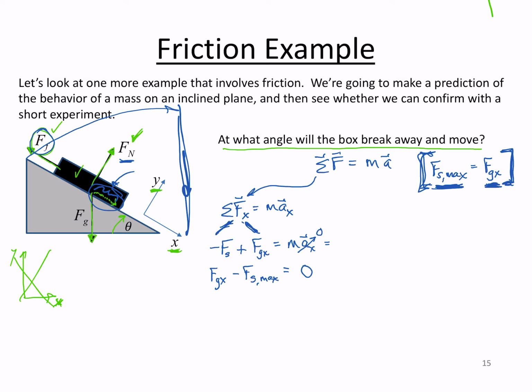Now, we can figure out both of these things. Let's do the x component of F sub g first. That's going to be mg, and we know it's going to be sine theta or cosine theta, right? And you can work that out from the geometry. If this is theta, then this angle in here between the parallel to the surface, the x-axis, and the force of gravity is going to be 90 minus theta.